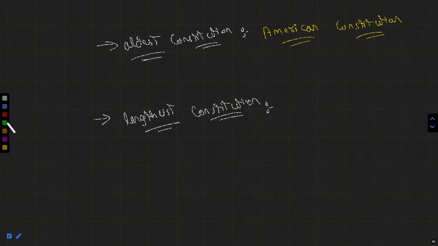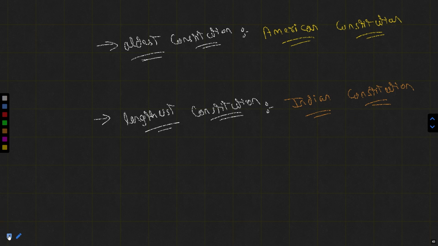Okay. And the lengthiest constitution is the Indian Constitution. Okay. That is the thing.